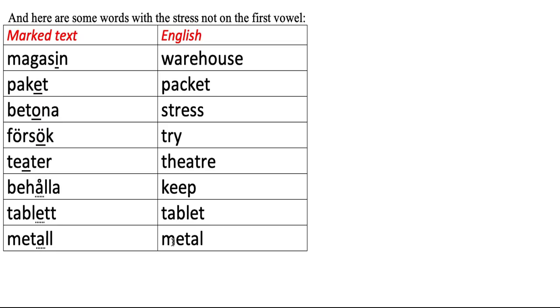If you just focus on these examples, this one is followed by one consonant, this one is followed by one consonant, this one, and this one, and even here this one. So somehow they follow the rule that we learned: if a vowel is followed by one consonant, we have to prolong it.